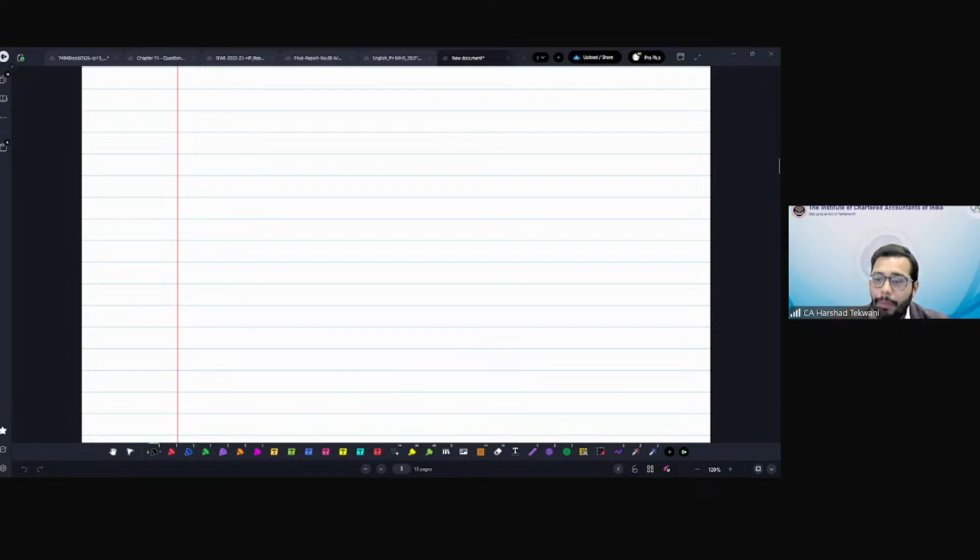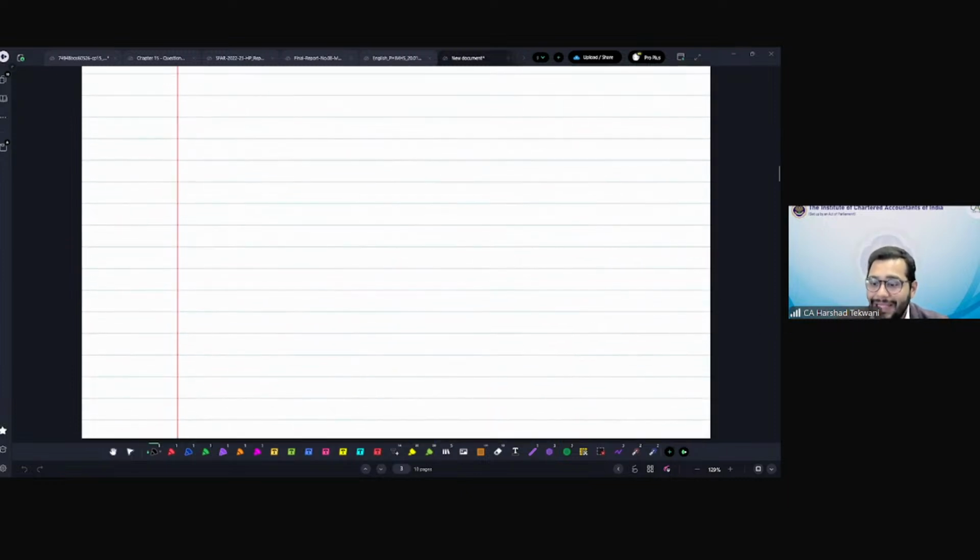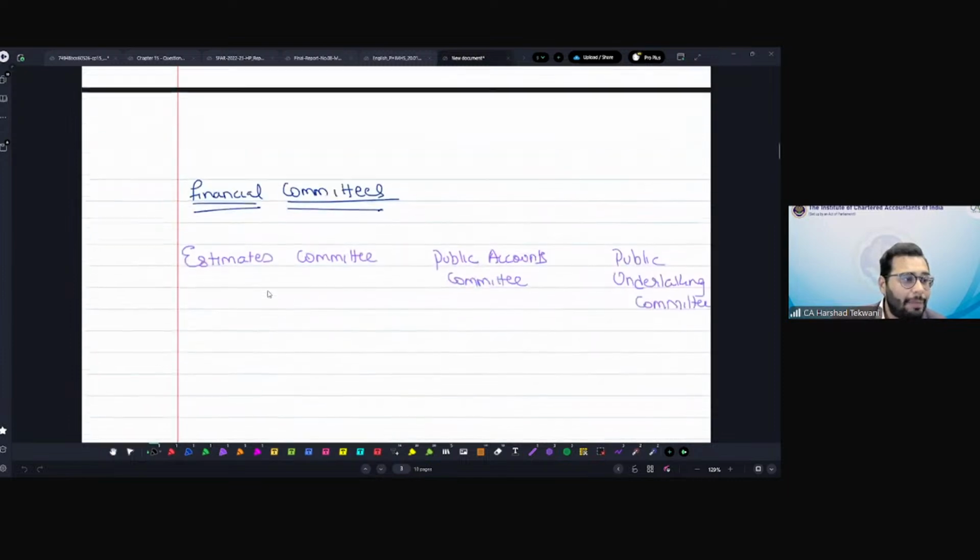Now, when I talk about the various types of audit that are performed, these can be financial audit, comprehensive audit, compliance audit, or performance audit. So we will discuss these types of audits in detail.